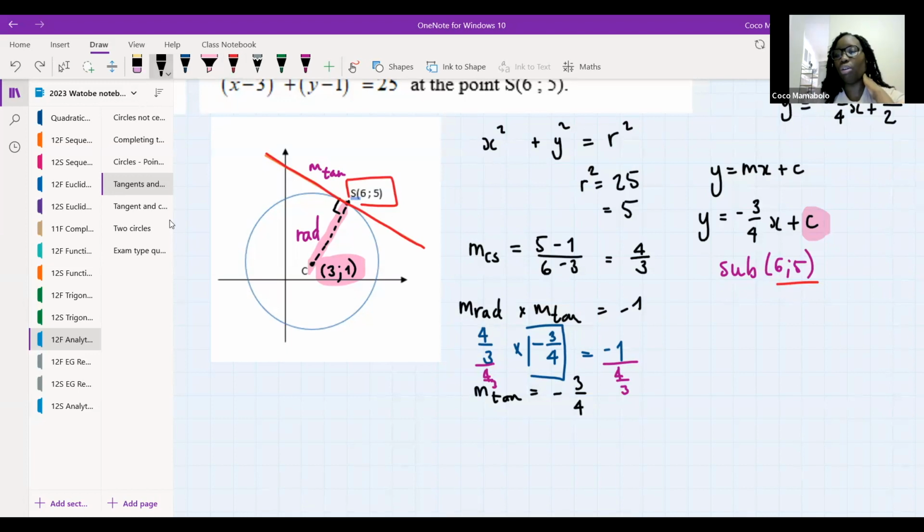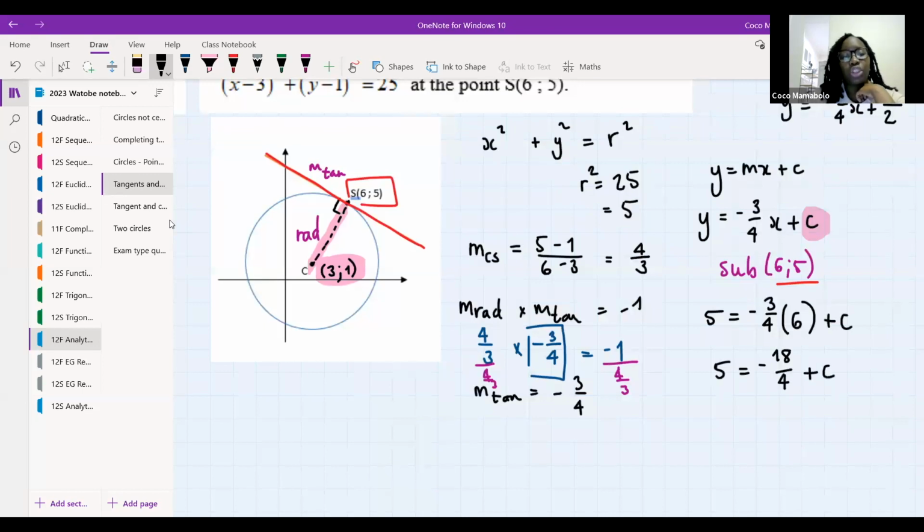So our y value is 5. 5 is equal to -3/4 multiplied by our x value, which is 6, plus c. Then you can just do some basic math, and if it's still a little bit difficult, just punch it into your calculator very quickly. 5 is equal to -3/4 times 6, which gives me -18/4 plus c.